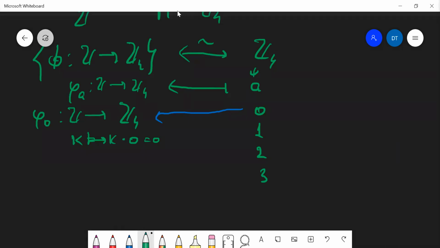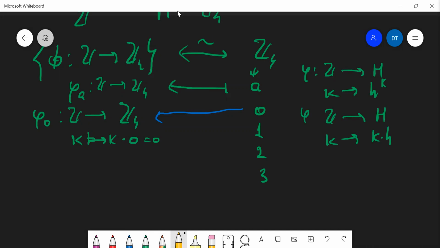Actually, our initial statement was that the homomorphism takes k to h to the power k. That was our initial thing. And our initial statement was that any homomorphism can be described in this way, or what?